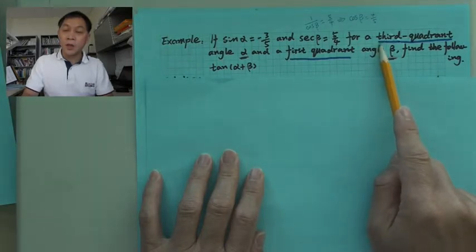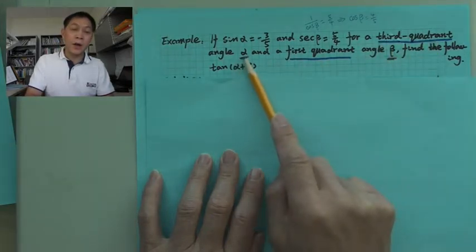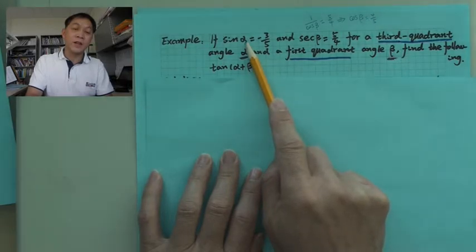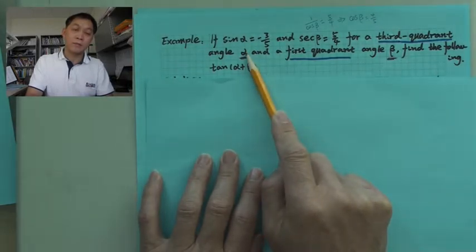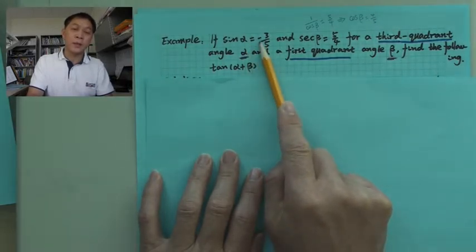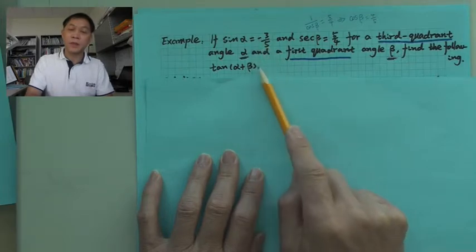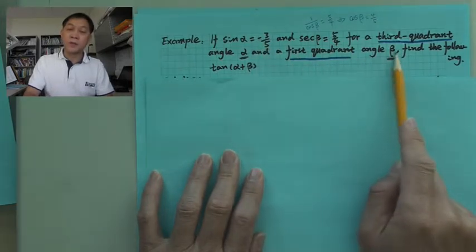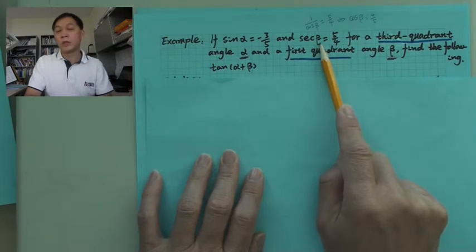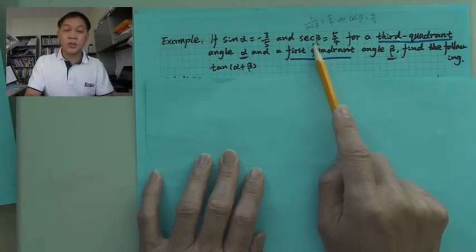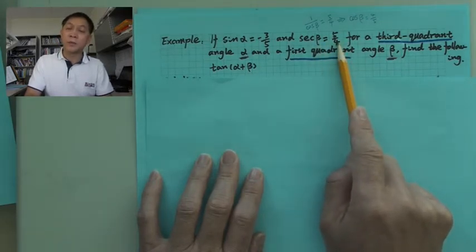And a third quadrant angle alpha. So we are given alpha is in the third quadrant, and that's why here sine is negative. And the first quadrant angle for beta, that's why secant beta is 5 over 4.